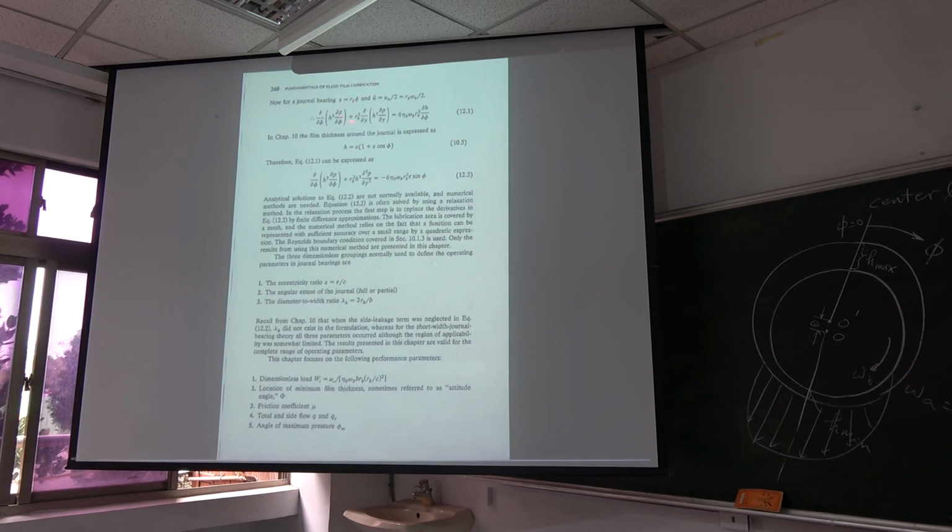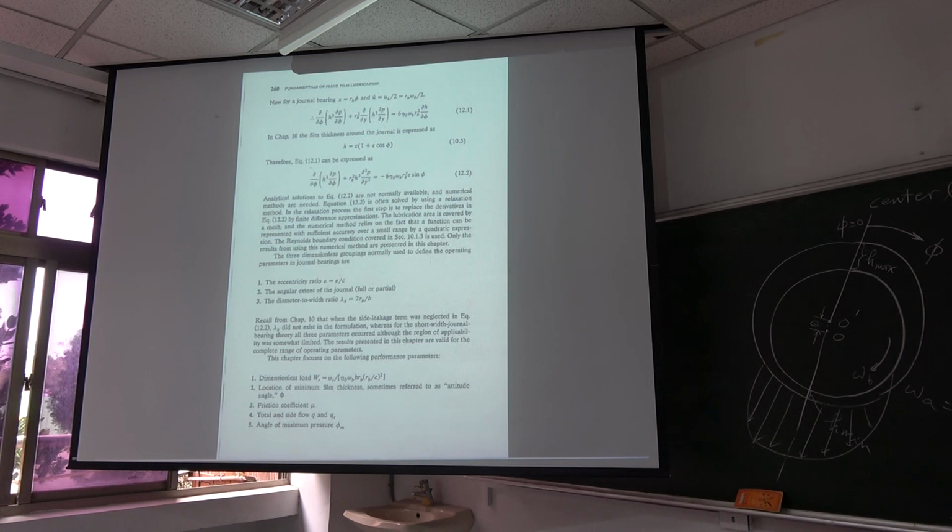So in here we have x equal to rb. Why? In here we have h in this form. In this chapter, we use h equals C times 1 plus epsilon cos phi.